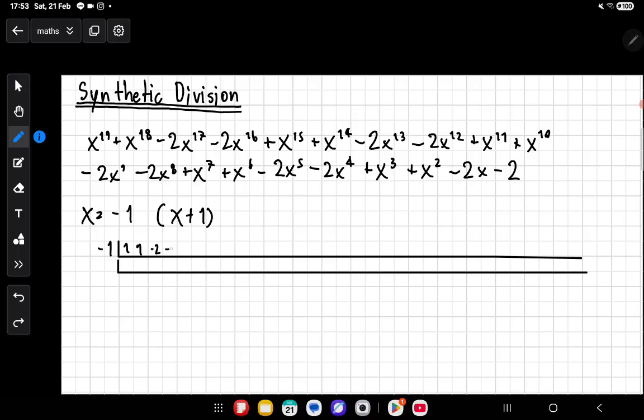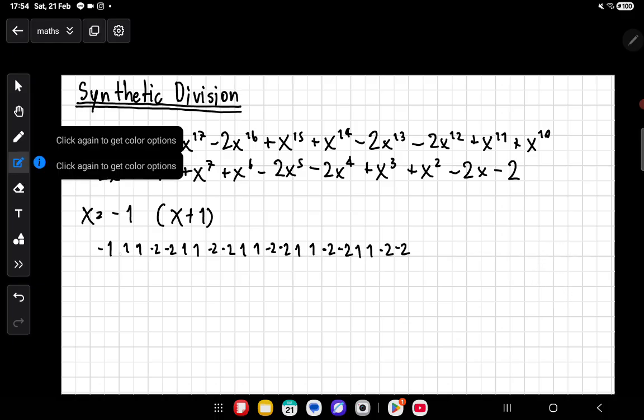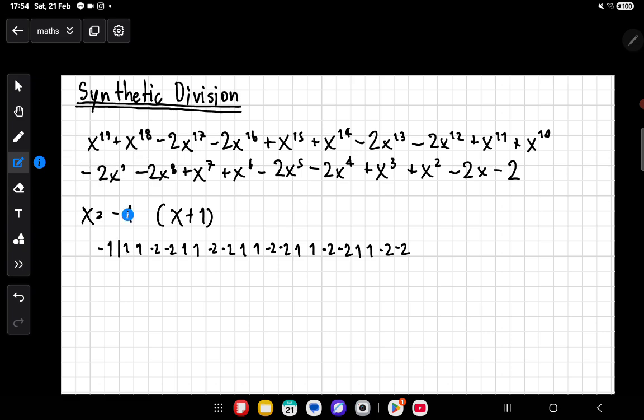Minus 2, minus 2, 1, 1, minus 2, minus 2, 1, 1, minus 2, minus 2, 1, 1, minus 2, minus 2, with the powers 19 down to 0. Okay, in reality, it did not need to be that long, but you get my point.